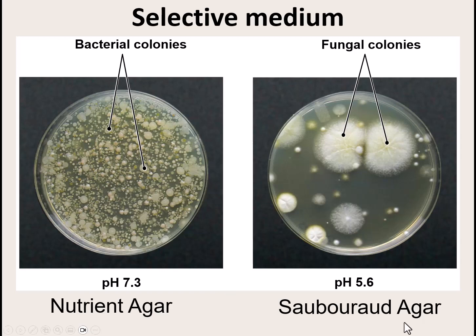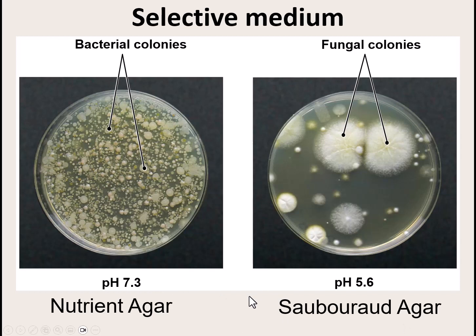The inhibitor, the substance that we've put in there, is acid. We've lowered the pH. That lower pH inhibits bacterial growth, which means we are now selecting for fungus. If we suspect a patient has a fungal infection, say on their skin, we know there's bacteria on their skin, and bacteria and fungus will compete with each other, and generally bacteria wins out when it comes to growth on a plate.